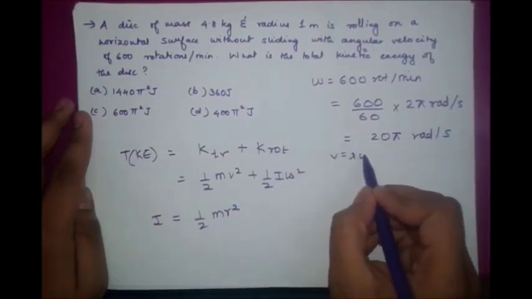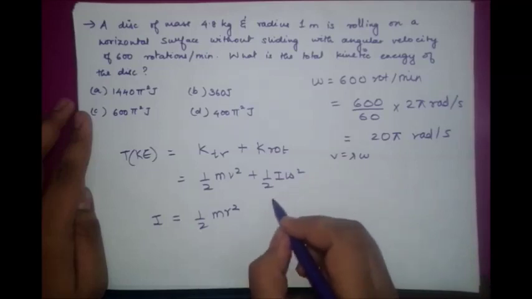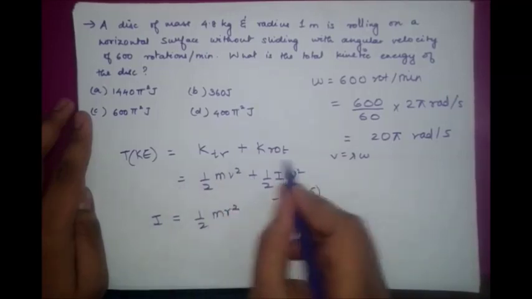V is equal to r omega. So from this we can consider this to be equation number 1.